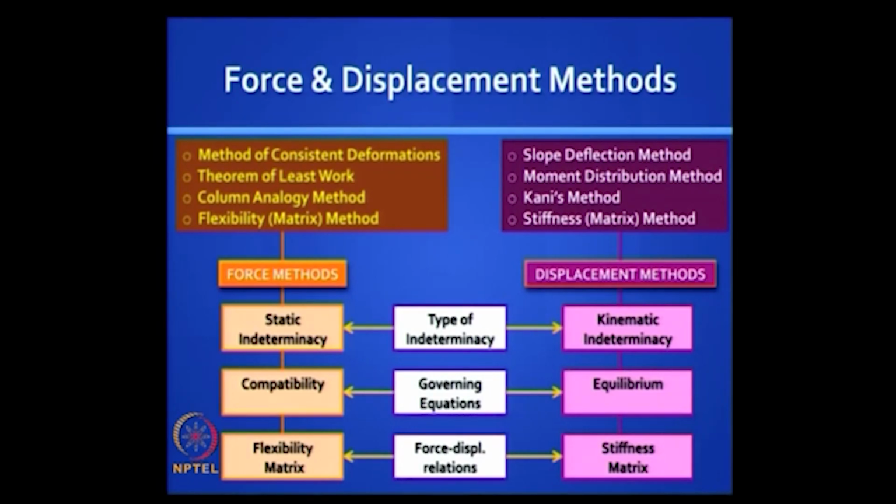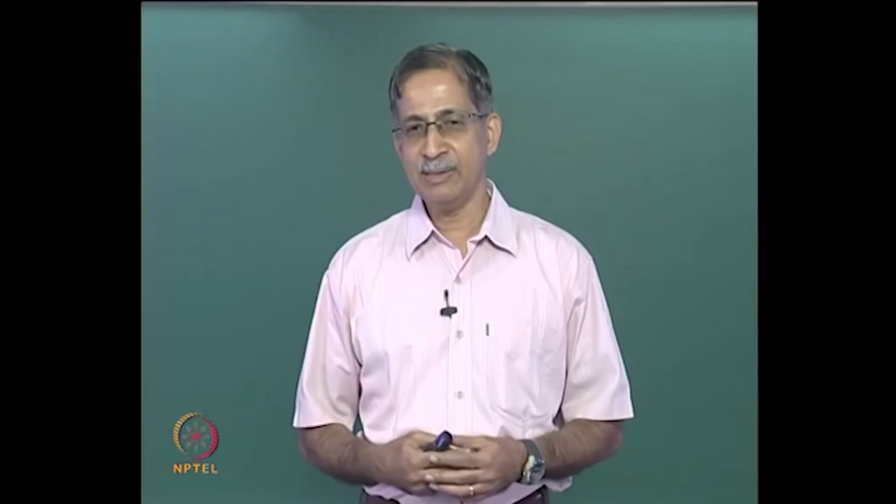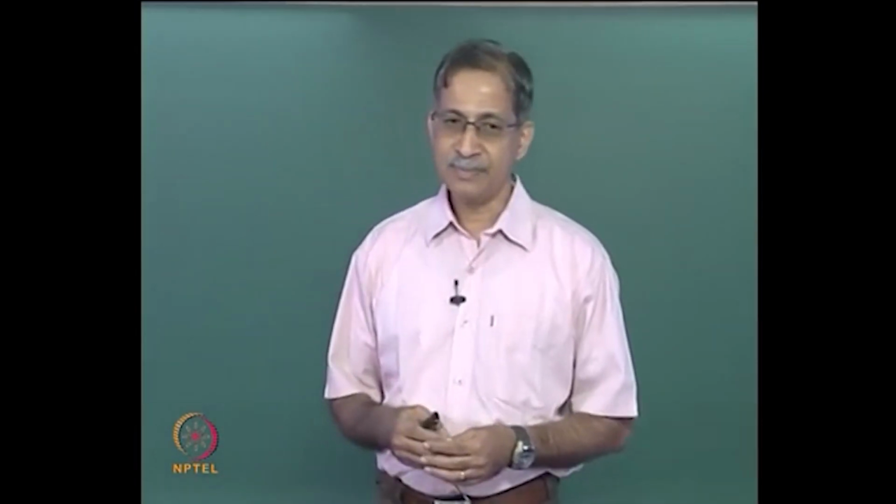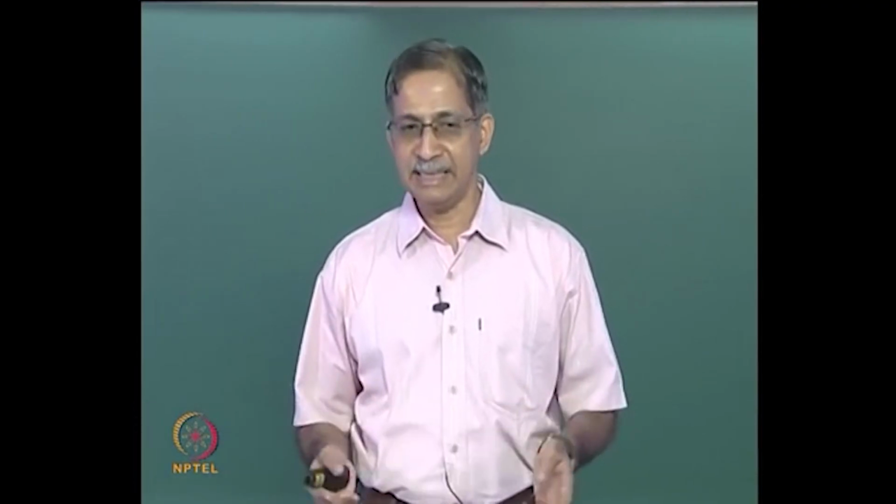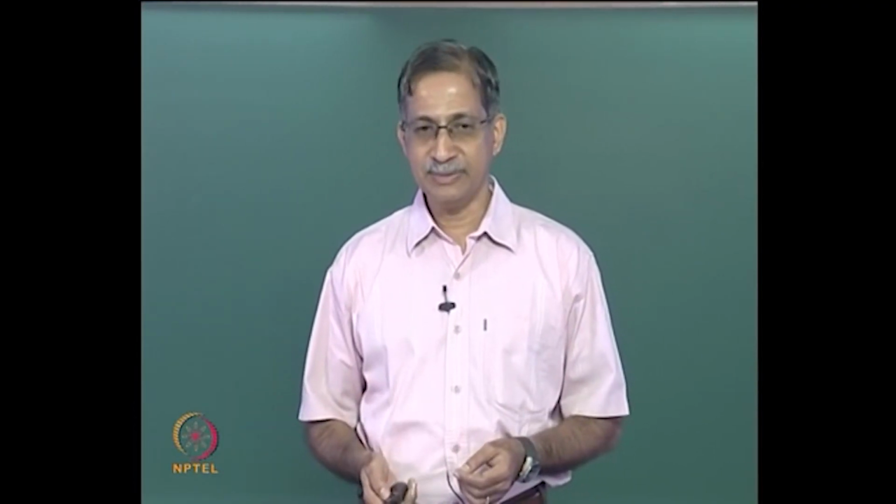In the stiffness methods, the earliest method is the slope deflection method, followed by iterative solution procedures, the moment distribution method due to Hardy-Cross, and Carney's method due to Gasper-Carney, which is similar to moment distribution method. We will not be covering Carney's method in this course, but the most generalized method is the stiffness matrix method, which we will look at in real detail in the next modules.